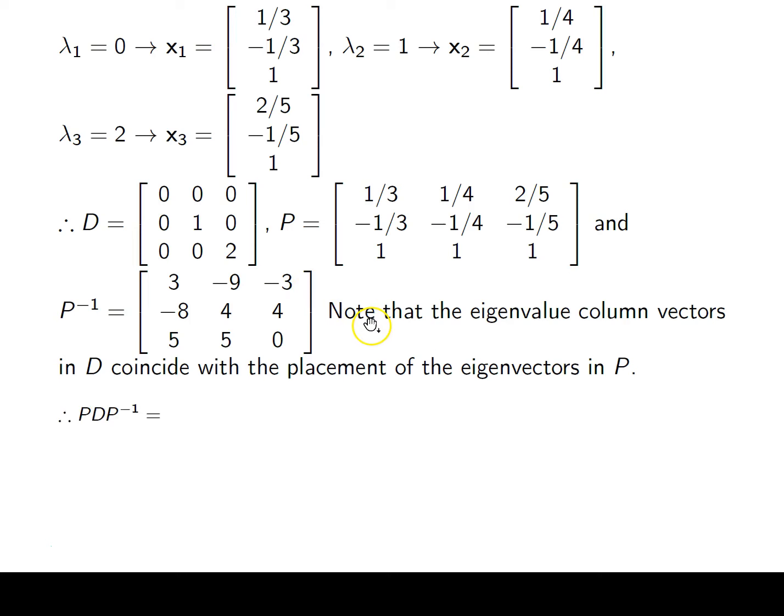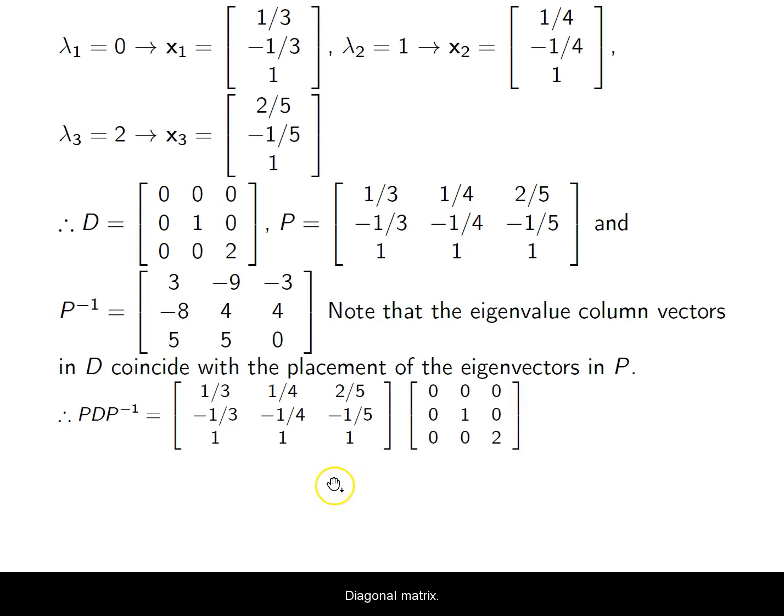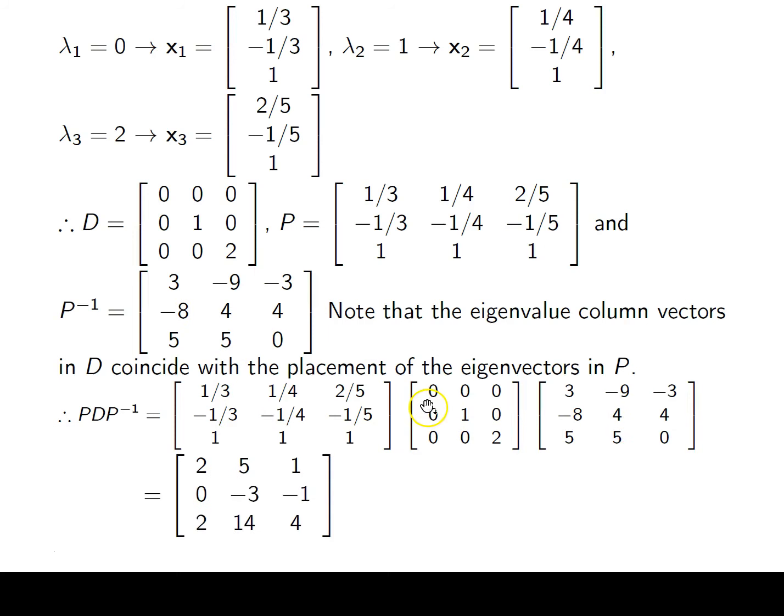So for PDP inverse, I will have this times that. Once you find your eigenvalues and your eigenvectors, the rest of this is just making sure you put it in the right order, right? So I've got my P first, I have my D diagonal matrix, and my P inverse. If I multiply these out, I will get my A matrix back out.